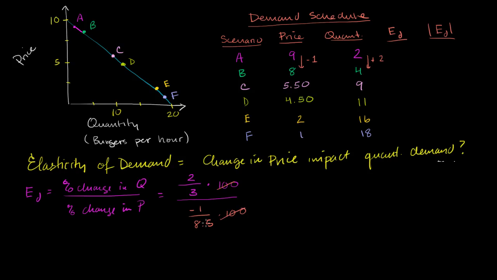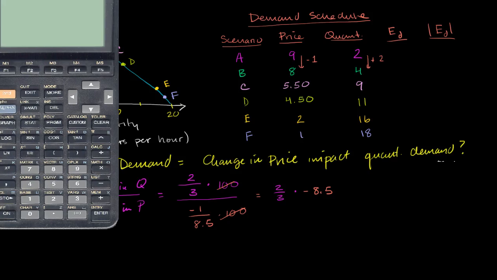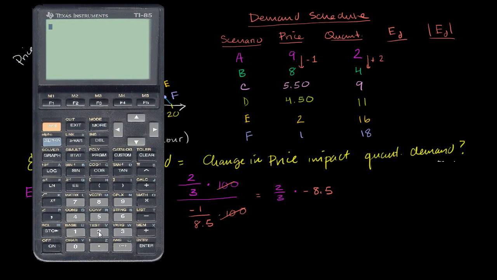These hundreds cancel out. And so we are going to be left with, when you divide by a fraction, it's the same thing as multiplying by its inverse. So we're going to get 2/3 times negative 8.5 over 1, or times negative 8.5. Get out our calculator, and I'll multiply 2 times negative 8.5, and then divide by 3, which gives us negative 5.6667.